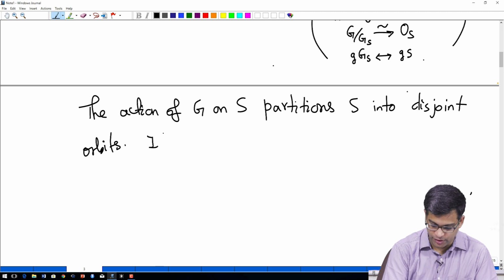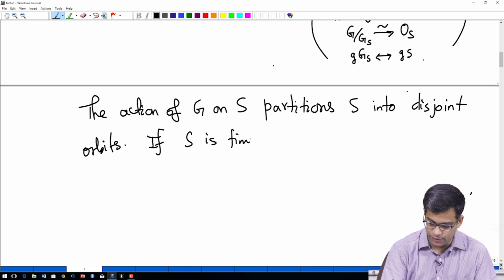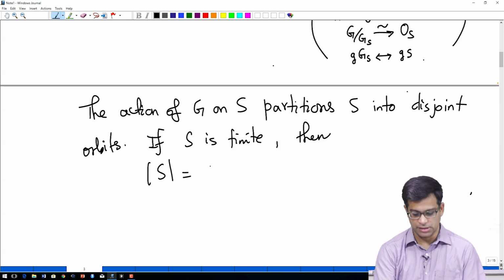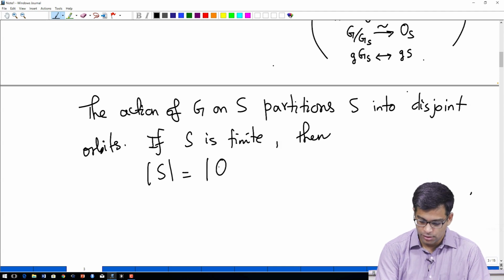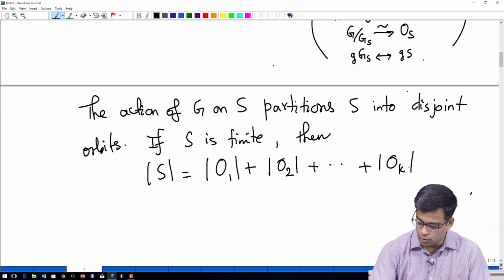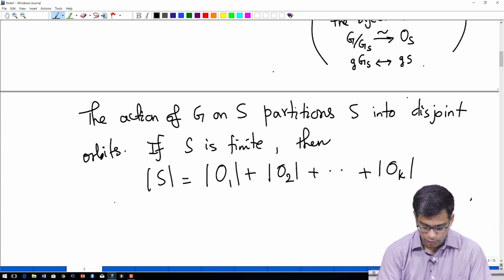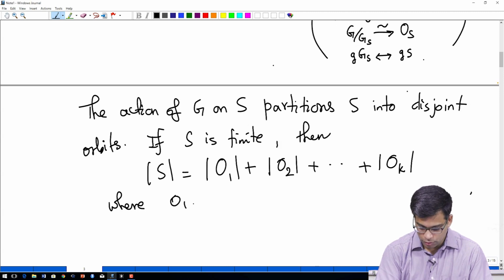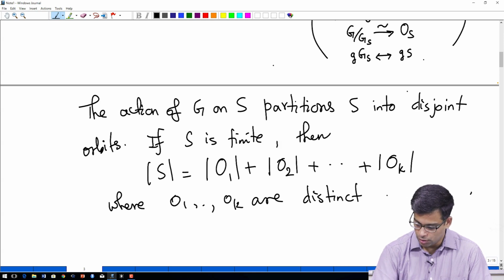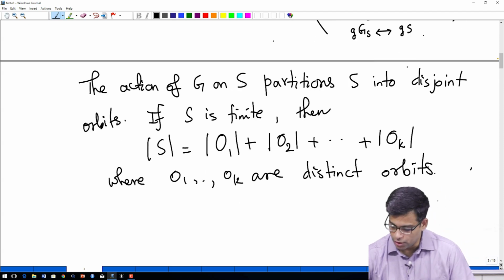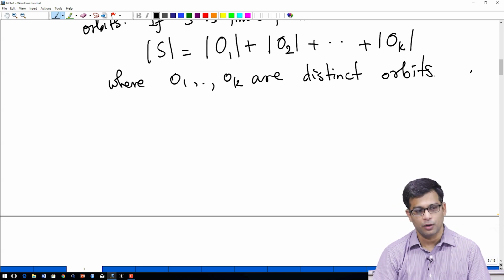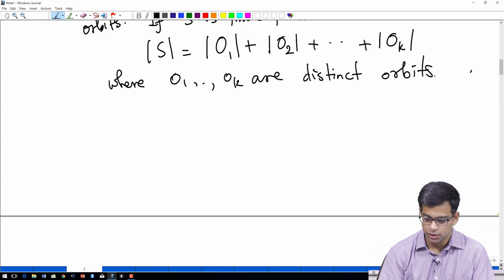So, if S is a finite set, then we can write the order of S, or the number of elements of S, as the sum of sizes of disjoint orbits. So, let us call these O1 through Ok, where O1, ..., Ok are distinct orbits. Remember that two different orbits are always disjoint. So, two orbits are either disjoint or the same. So, you can always use this.